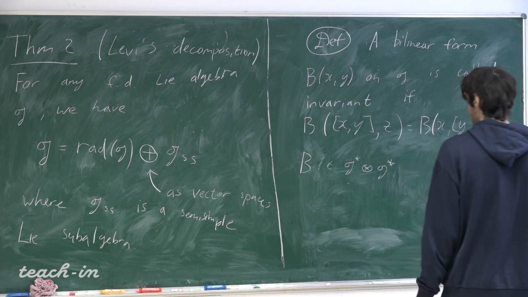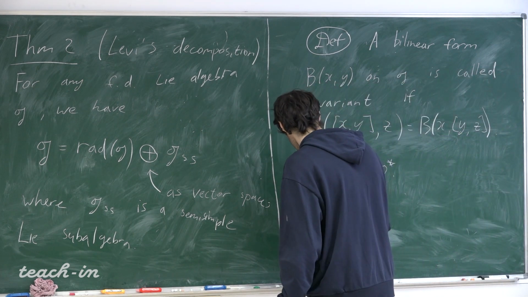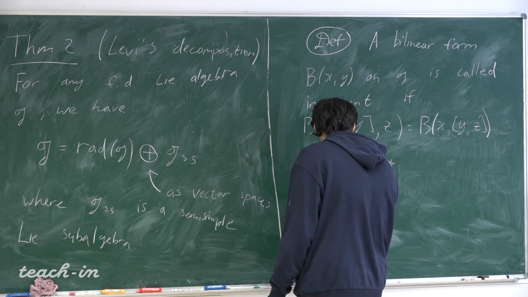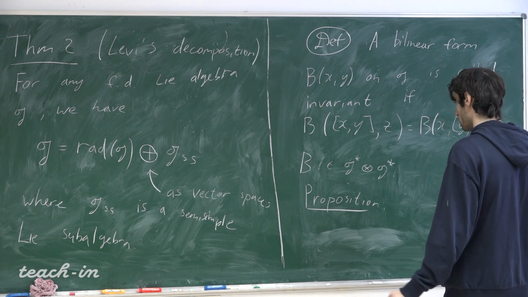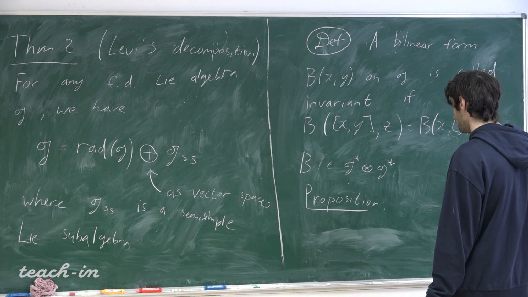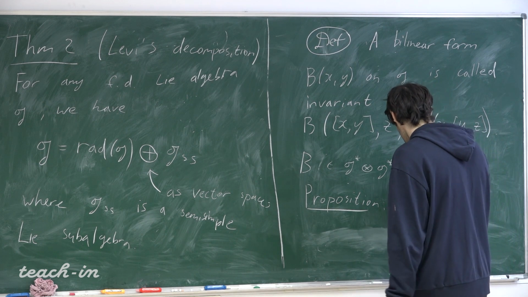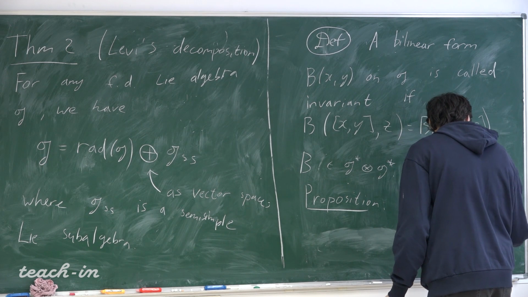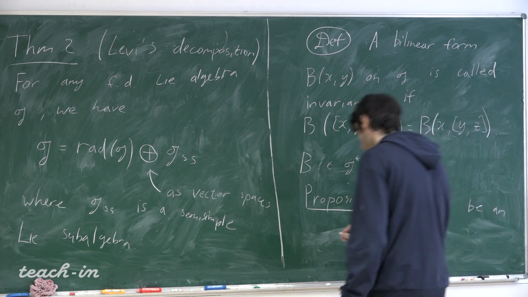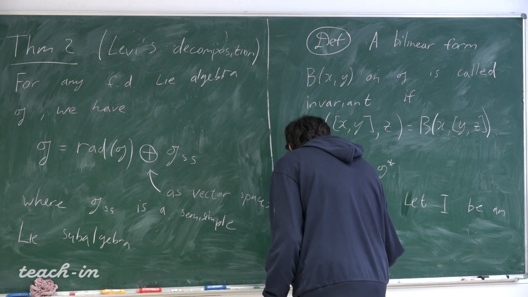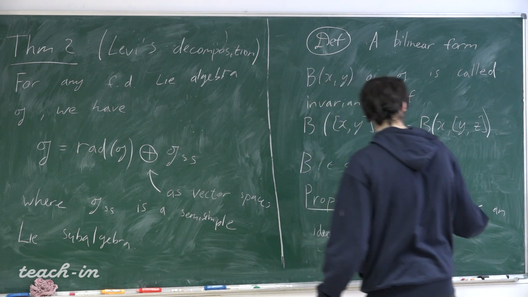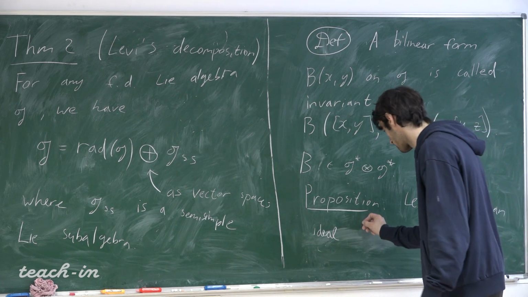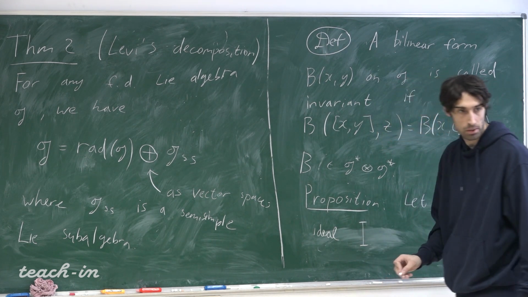In any case, as a proposition, suppose you have an ideal. So let I be an ideal in G. Then you can consider the orthogonal complement.